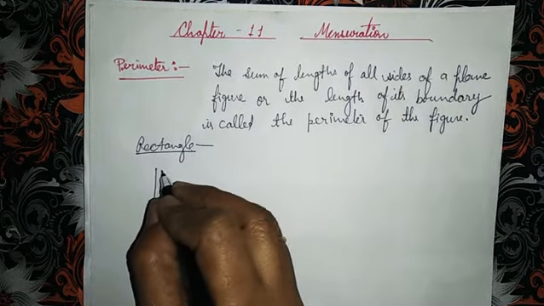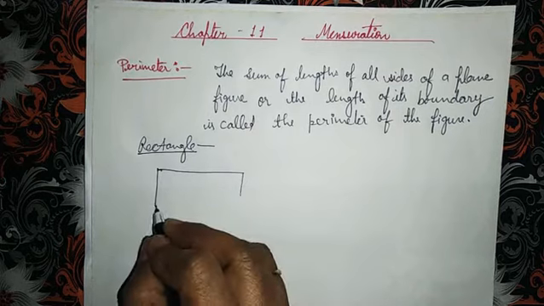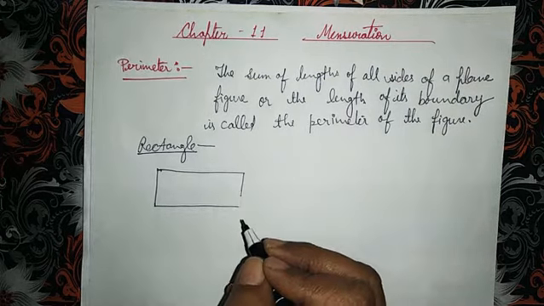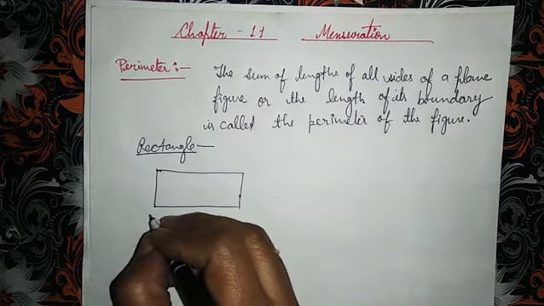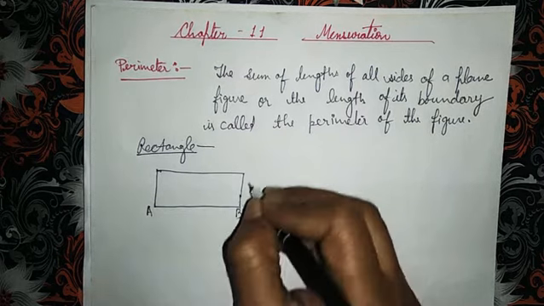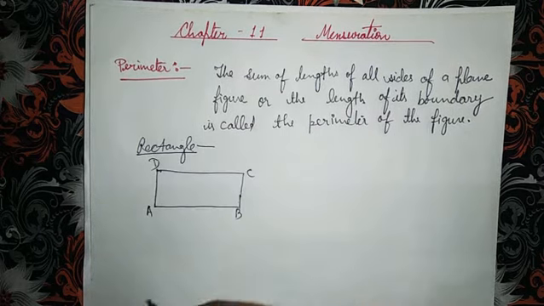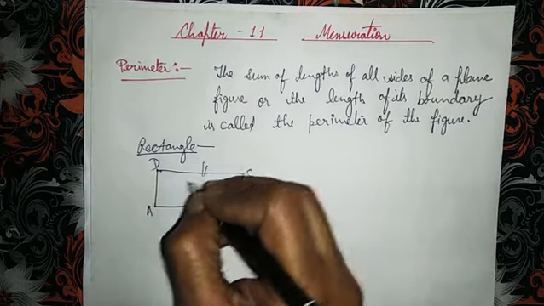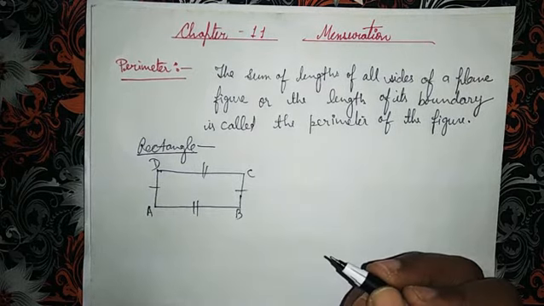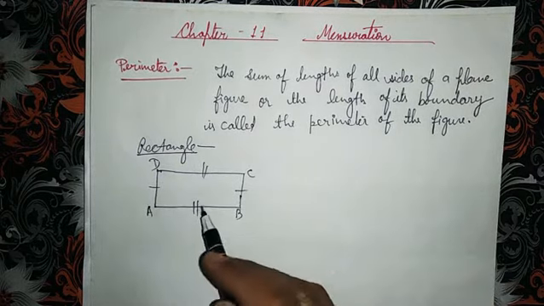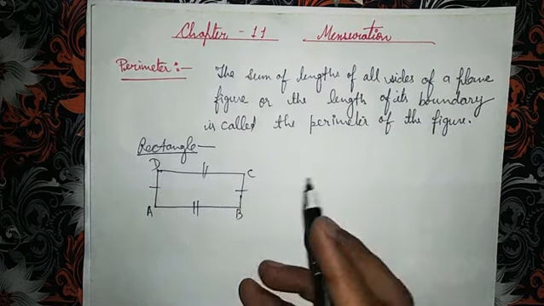So here you can see I have drawn a rectangle ABCD, and you can see its opposite sides are equal. You know that in rectangle opposite sides are equal.